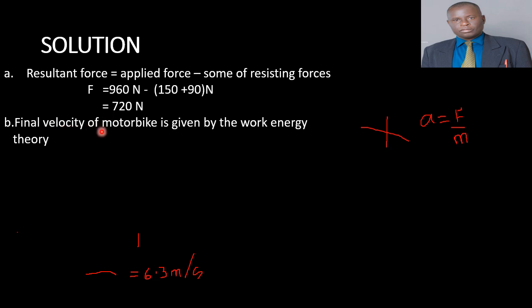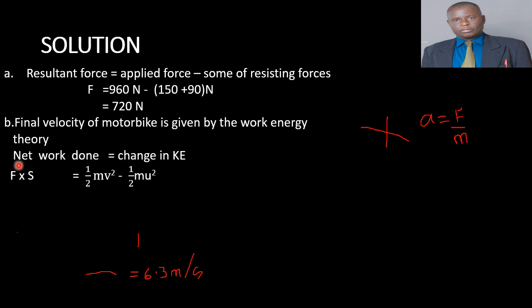The final velocity of the motorbike is given by the work energy theory. What does it say? The work energy theory states that the net work done on a rigid body is simply equal to the change in kinetic energy. So don't forget that. Substituting, work done is force times distance.